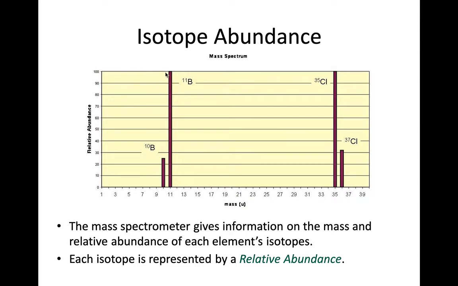We've already used a decimal to make it a more reliable number. It's a weighted average now, instead of just adding the two masses and dividing by 2, which would have gotten us 10.5 exactly. We know the average mass is going to be higher than that. It's going to be closer to 11 than it is to the middle, or to 10, because there's much more of this. So there's no need for division in that formula.